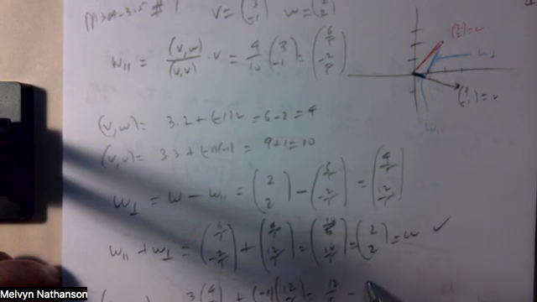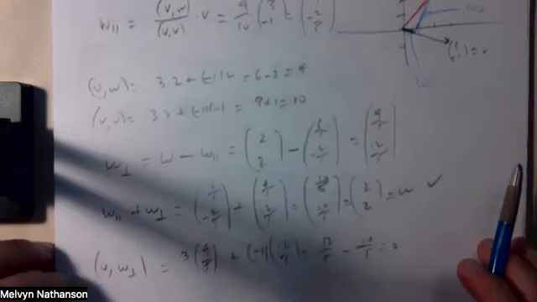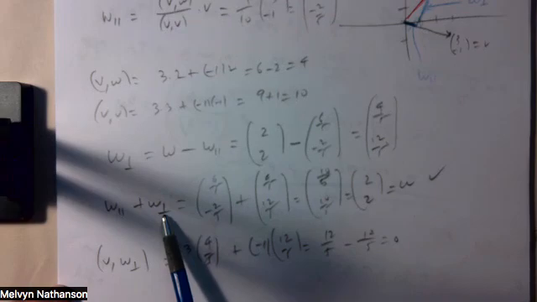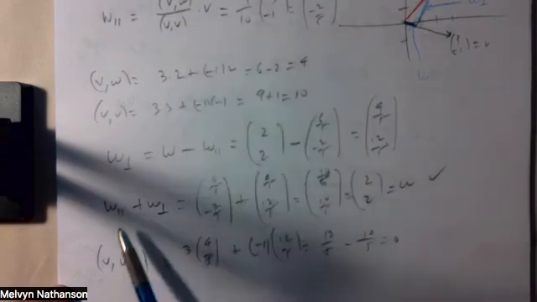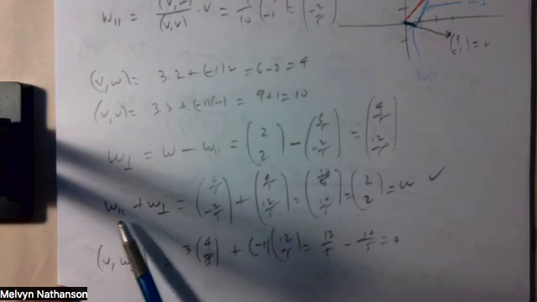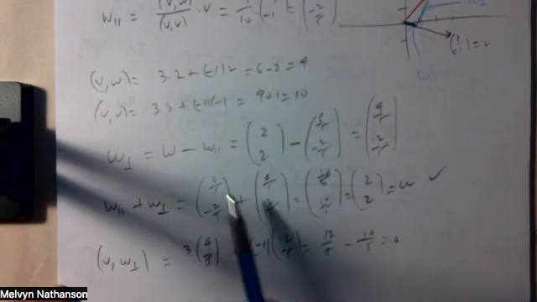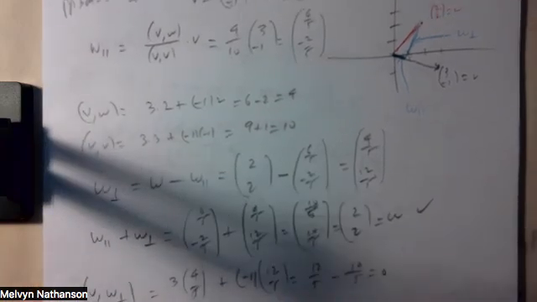That's 12/5 minus 12/5. That's 0. So everything works out perfectly. I have W as the sum of these two vectors. This W parallel is a scalar multiple of V, so this is parallel to V. And if I take the inner product of W perp with V, I get 0. So W perp is really perpendicular to V.